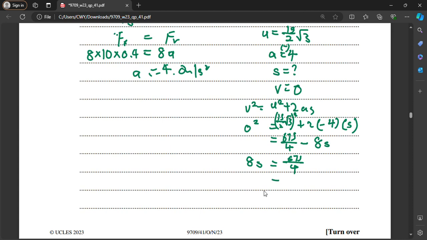So your s is going to be 675 over 32, which is 21.1 meters to 3 SF.